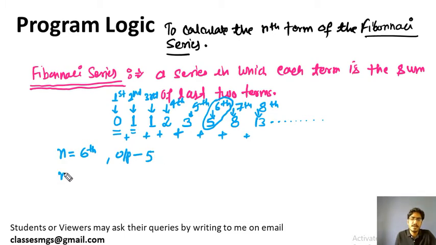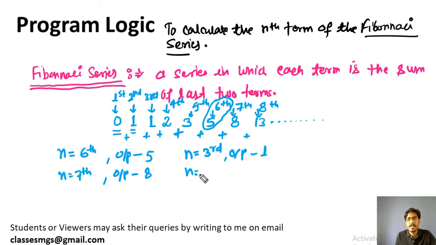If the user asks the seventh term of the Fibonacci series, then your output should be 8. If the user enters n as the third term, then your output should be 1. If the user enters the first term, then output should be 0. If the user asks the second term, the output should be 1.